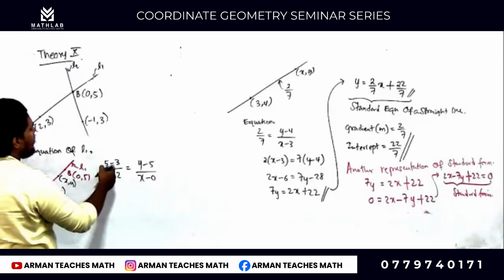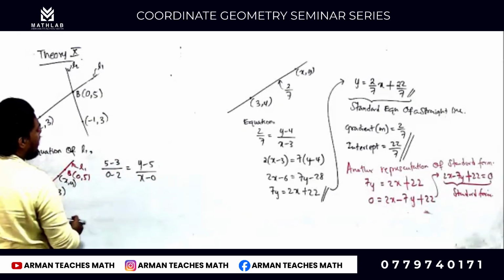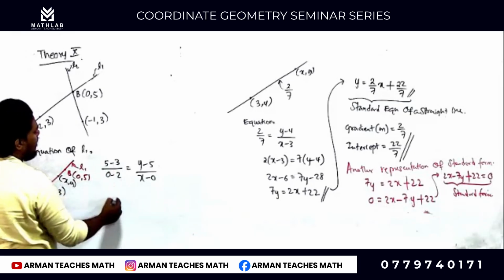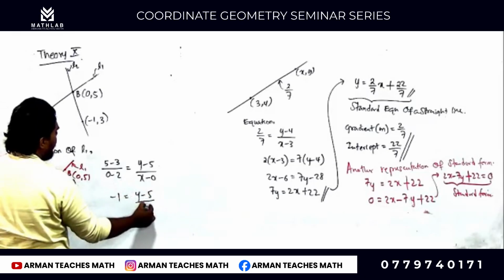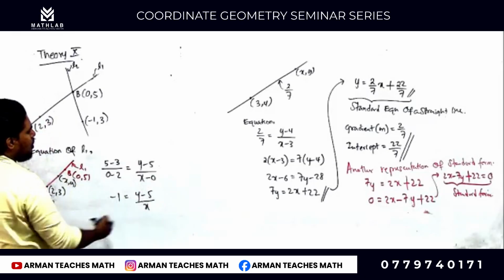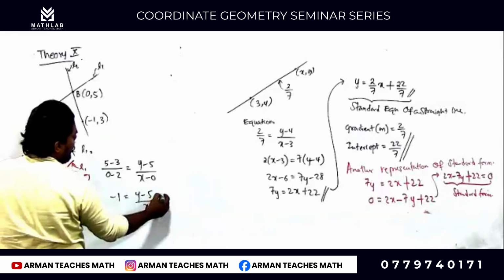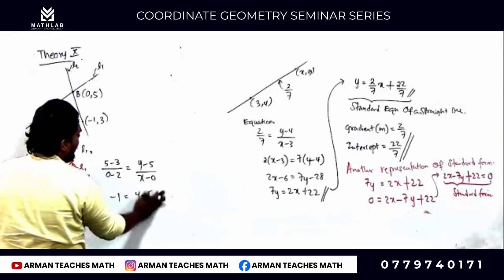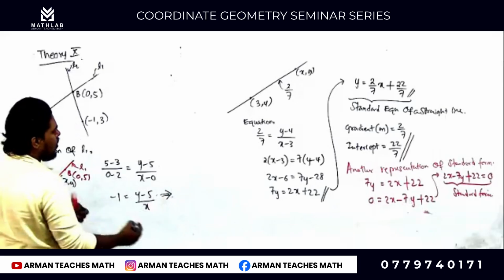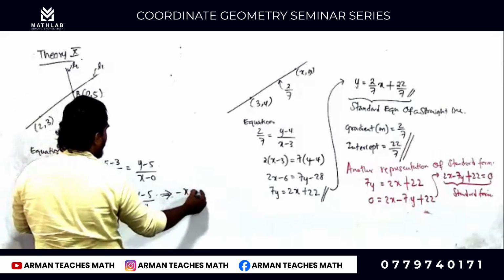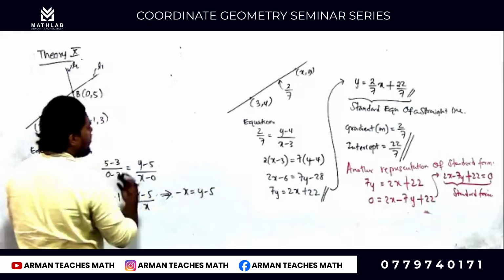So 5 minus 3 is 2, 0 minus 2 is minus 2, 2 divided by minus 2 is minus 1. This equals y minus 5 over x. Do a cross multiplication. This is not an equal sign, this is an arrowhead, okay? Implies. If you do a cross multiplication, minus x is equals to y minus 5.